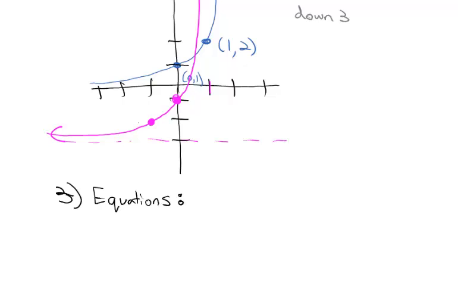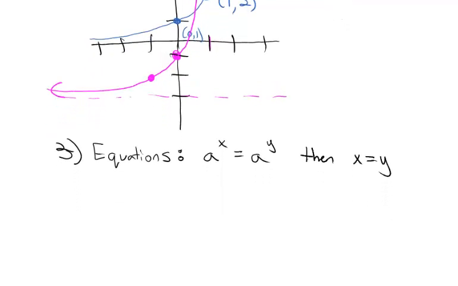And with exponentials, the key thing with equations that we need to know is if we have the same base, a to the x equals a to the y, then we say that x equals y. If the bases are the same, the exponents are the same. You might remember we did that by taking a log base a of both sides, and the exponent came out. We'll talk about that more when we get to logs, though.